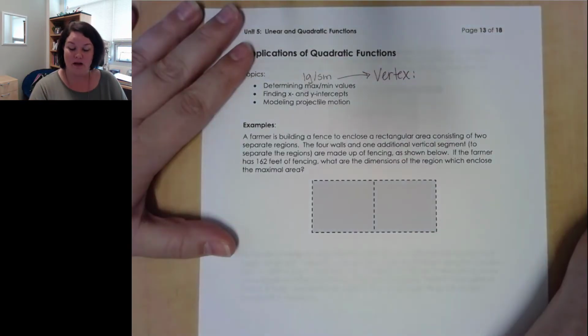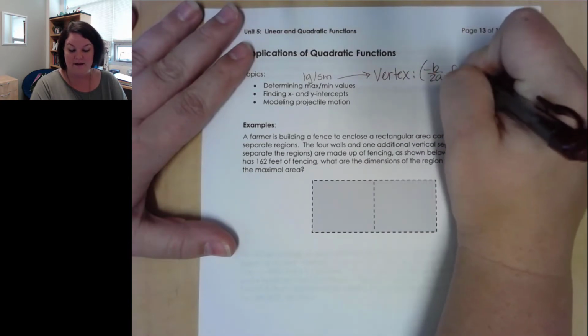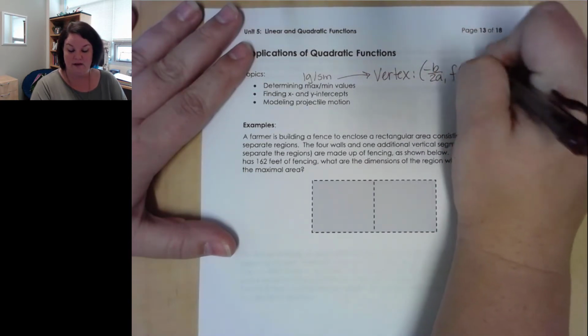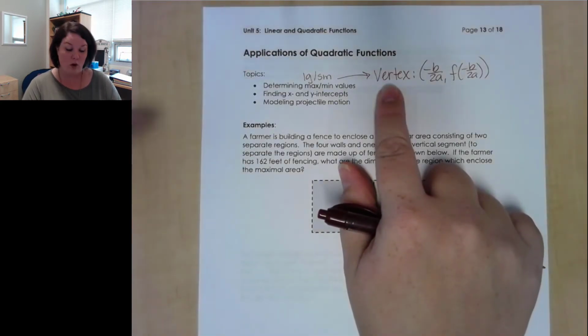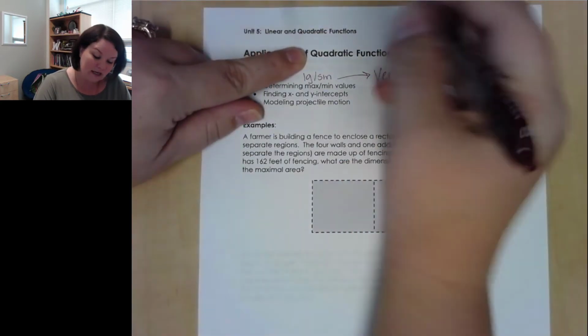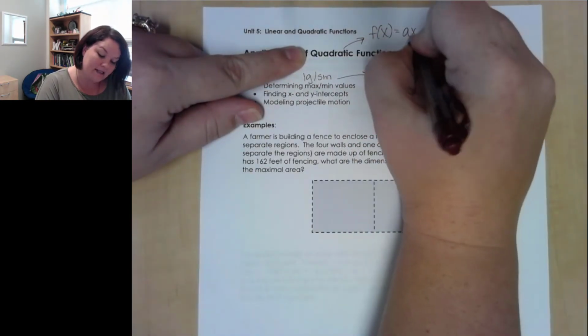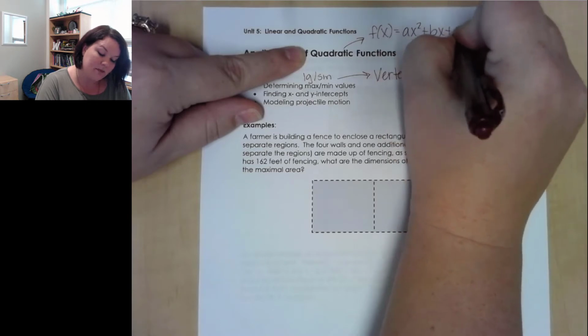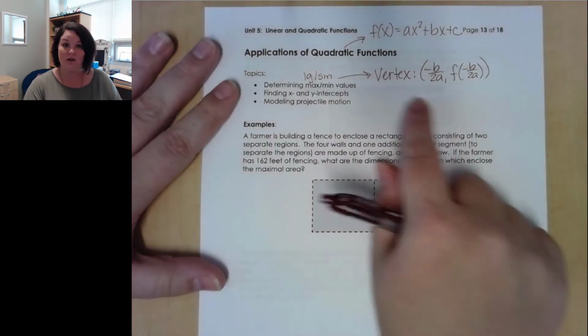So anytime we're talking about a vertex, we should be thinking negative b over 2a and f of negative b over 2a. And we can't calculate the vertex unless we have a quadratic function, meaning something that looks like f of x is equal to ax squared plus bx plus c. We have to have an x squared type function in order to calculate our vertex.